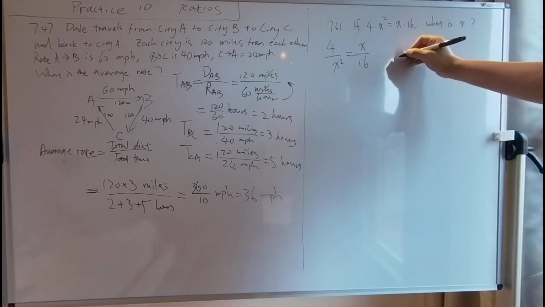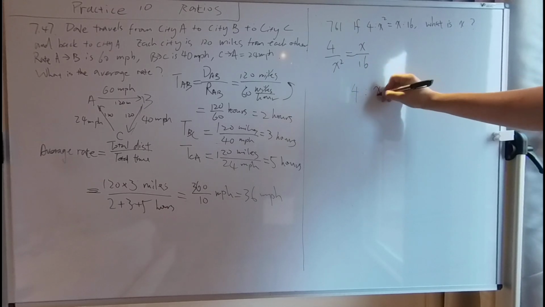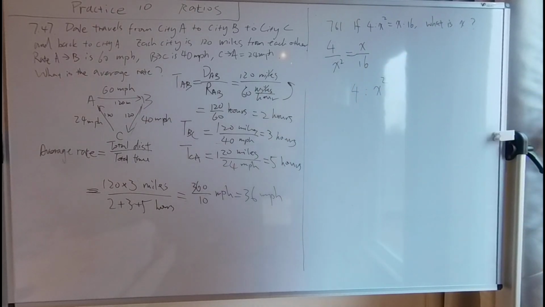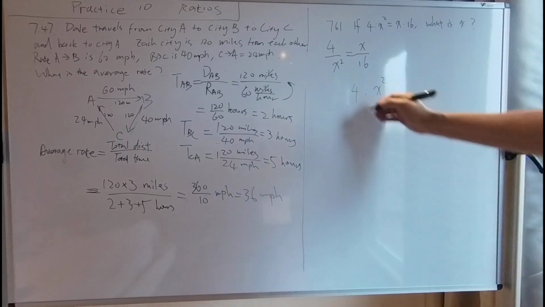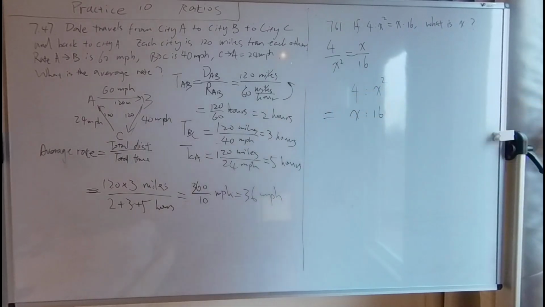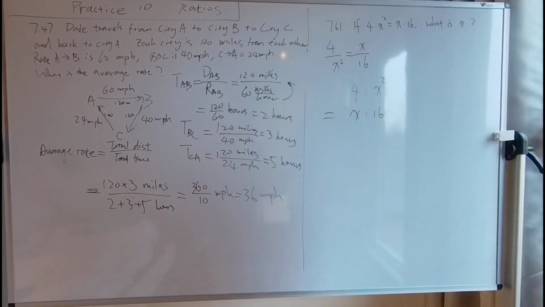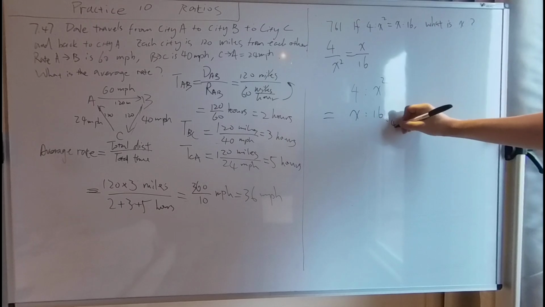But here, let me show you another way that you don't have to really solve it from the equation. You can observe the question and see the pattern. Because I have one ratio, 4 versus x squared. The other ratio is x versus 16, right? So then the second term, 16, is actually a complete square of 4, right? 16 is 4 squared.